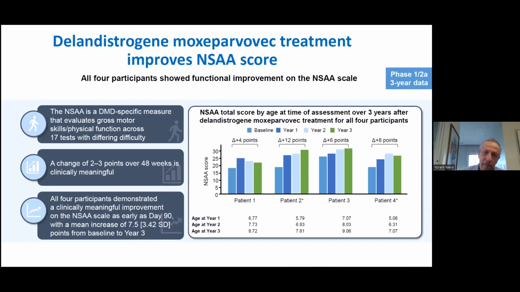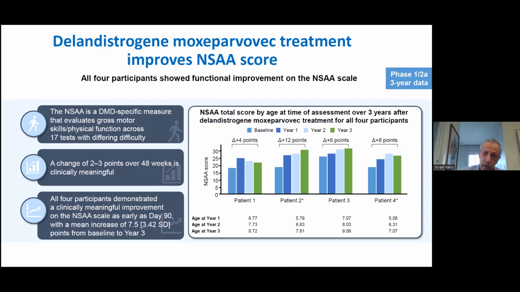So this is the first phase 1 study done by Sarepta. In a phase 1 study, the aim is safety, to see how safe is the medicine that is injected, and this is usually done in a small number of patients. So they did 4 patients. Even though safety is the aim of the study, we can really see some effect.